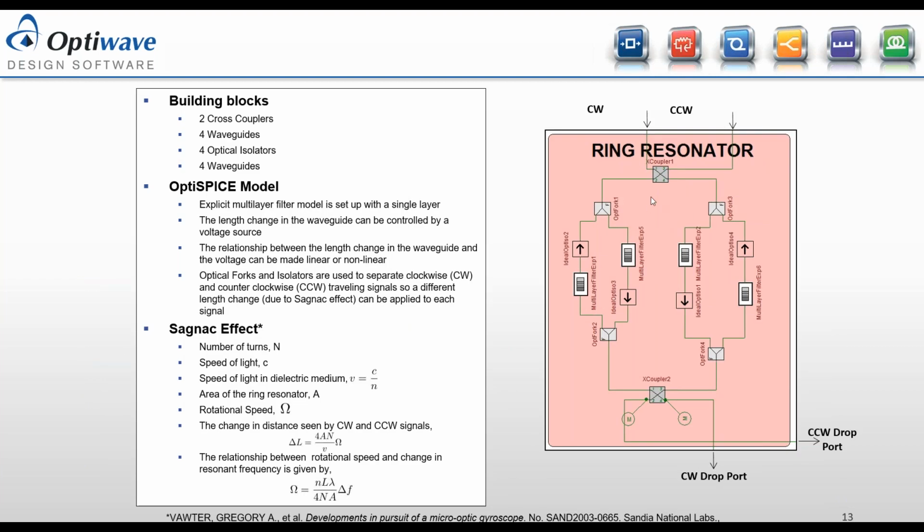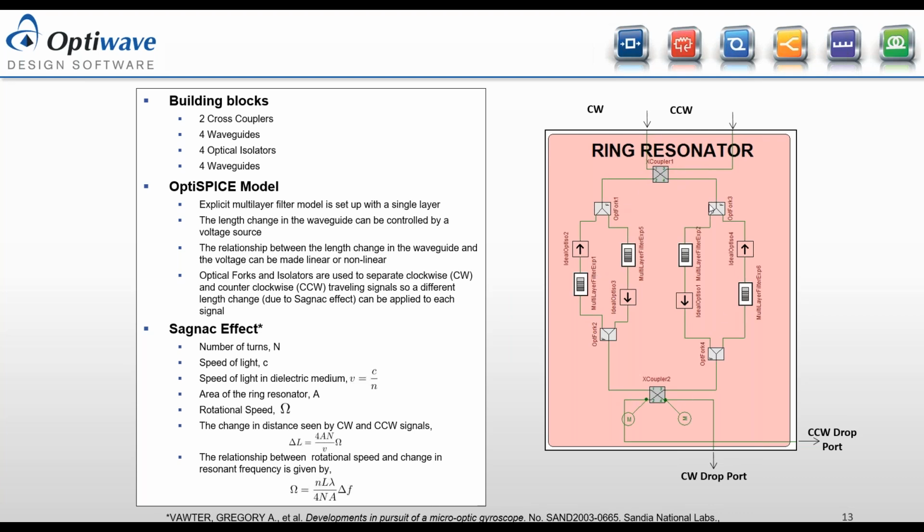Now, another important part of this simulation is how we set up the ring resonator to simulate the Sagnac effect. For simulation of the Sagnac effect, we have clockwise and counterclockwise moving signals, and they get into the ring resonator from two different ports.